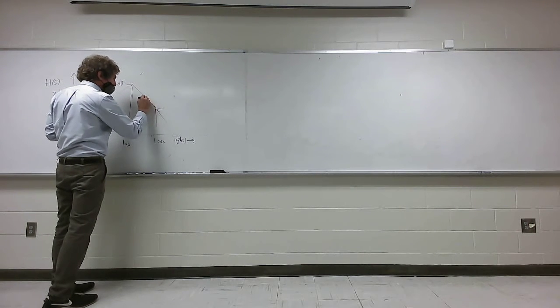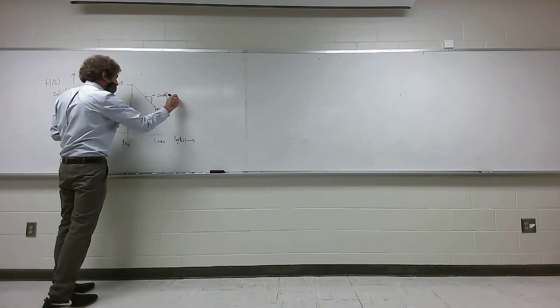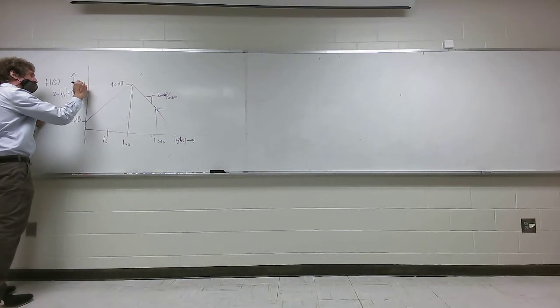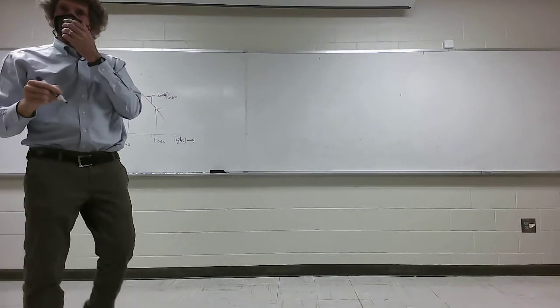This is going to be minus 20 dB per decade. How would you create a function to get that?